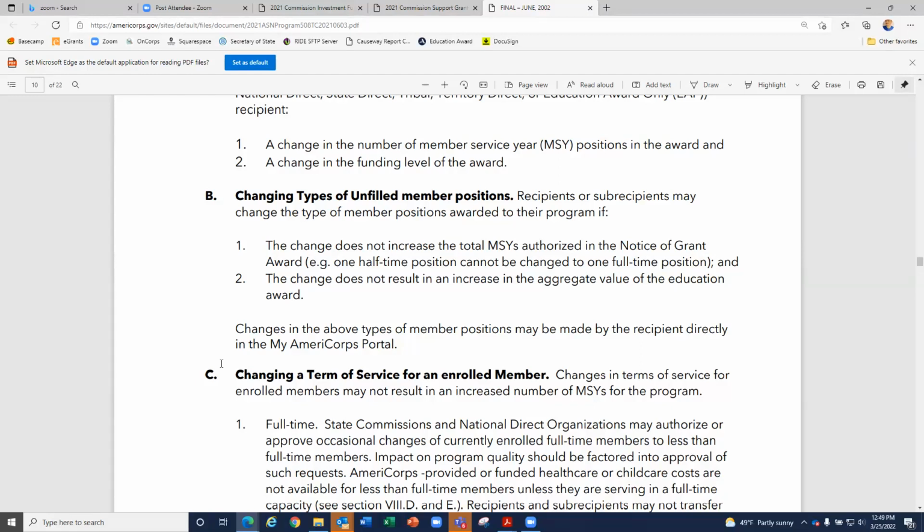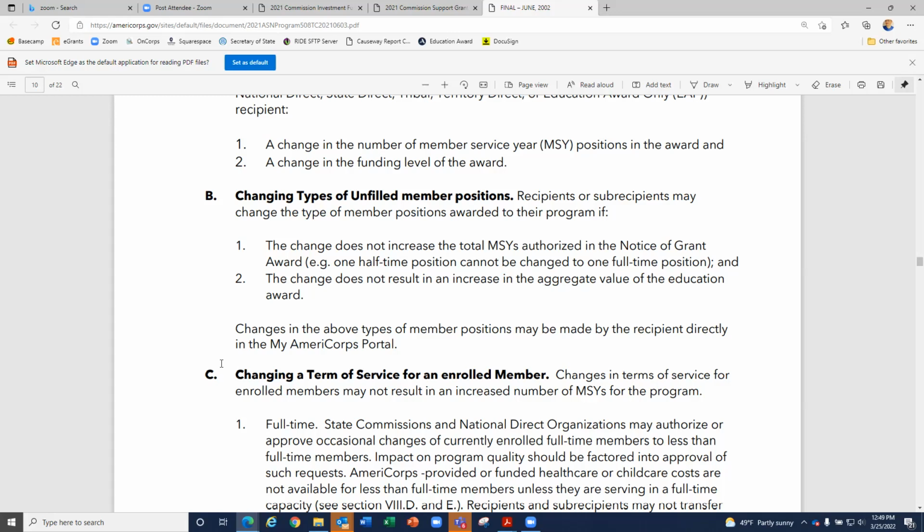So one of the things that might happen is you intended to start someone in service on August 28th, but you recruited 6 out of 7 folks. And so you have this one unfilled spot. But then in November, you're able to start that person. But in November, there won't be enough time left in the year for the AmeriCorps member to complete a full term of service.